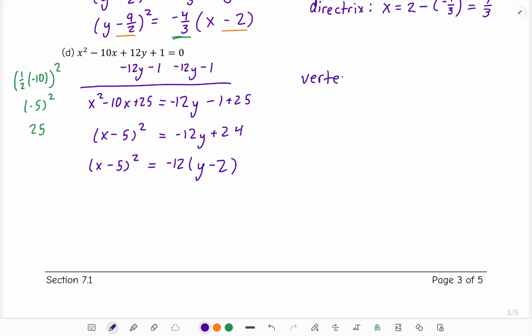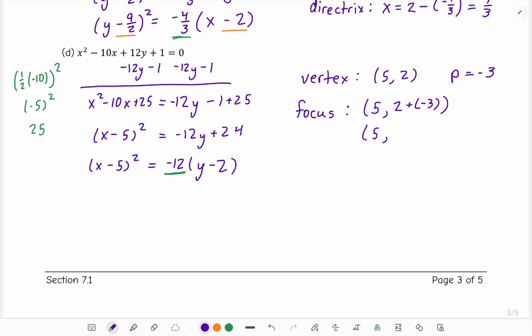So our vertex is 5, 2. Our p-value is -3. Again, the reason why it's -3 is because this is 4 times p. So divided by 4, you get that. This is a vertical parabola that opens down. So to get the focus, it's going to have the same x value this time as our vertex, and we're going to add p to the y value.